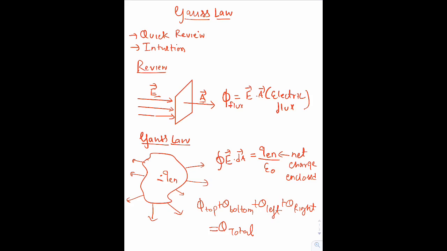This total flux should be equal to the charge enclosed divided by epsilon naught. If that charge is outside the surface, then there is no charge enclosed, so this turns out to be 0 divided by epsilon naught, which implies the overall flux is 0.